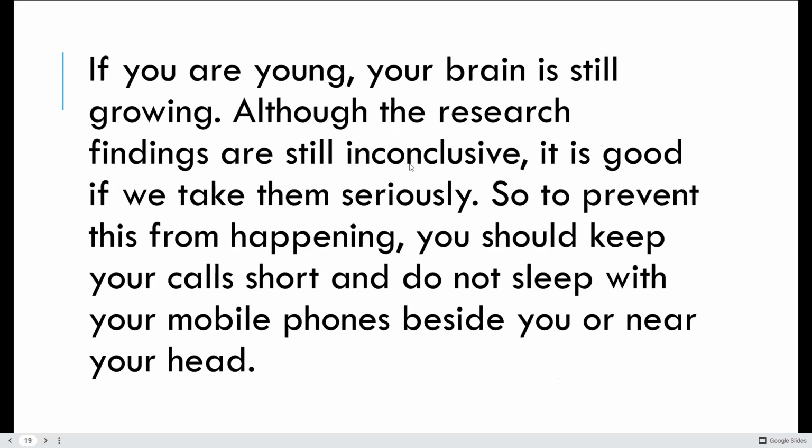Let's continue. If you are young, your brain is still growing. Although the research findings are still inconclusive, it is good if you take them seriously. So to prevent this from happening, you should keep your phone calls short and do not sleep with your mobile phone beside you or near your head. You can actually use speaker.